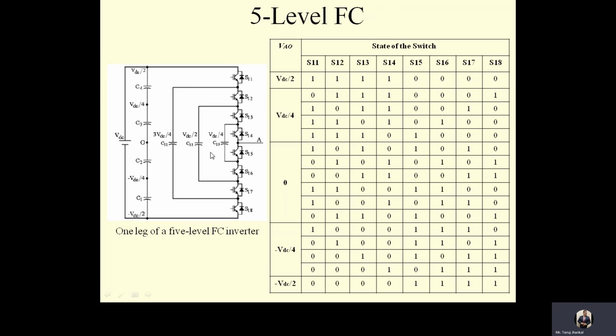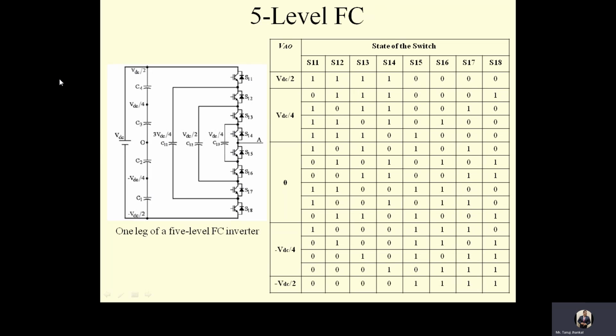So with the minus VDC by 4 voltage, I am moving towards S13, from S13 to S12, and from S12 to S11. Now from this point, I will get to this point where I am having voltage VDC by 2, and previously I am having voltage minus VDC by 4. So the net voltage will be plus VDC by 4. This is one method to achieve VDC by 4.